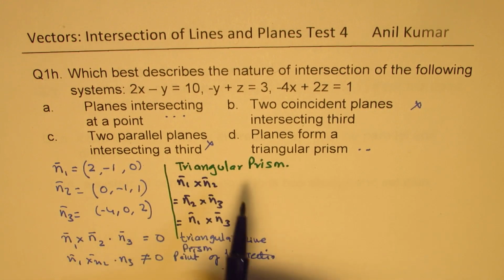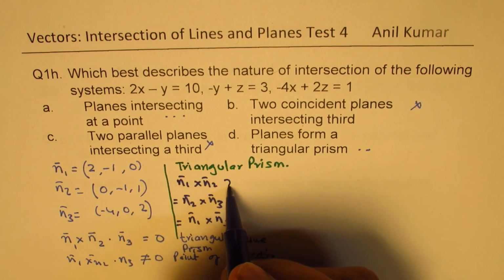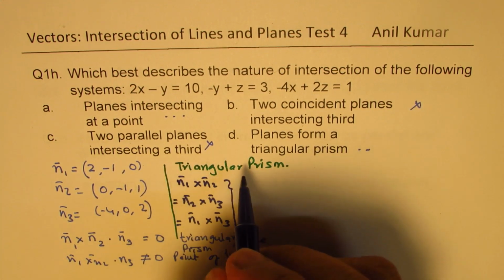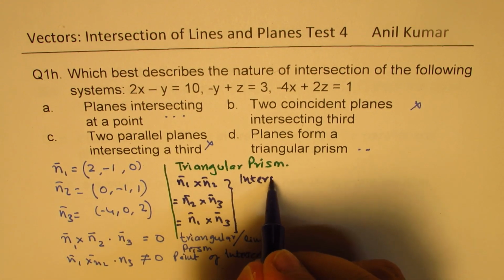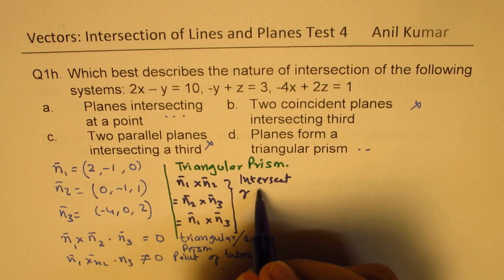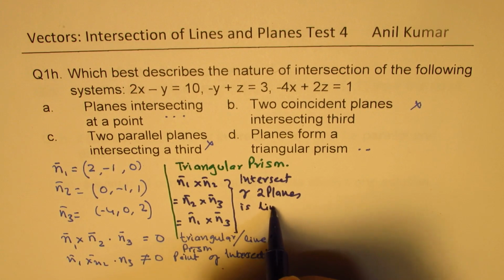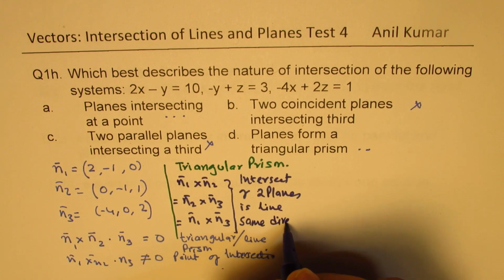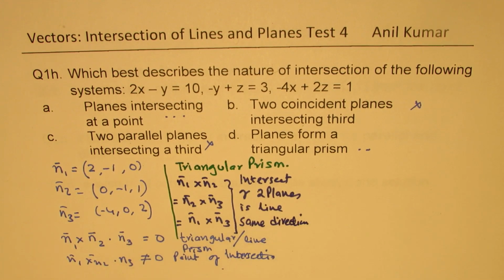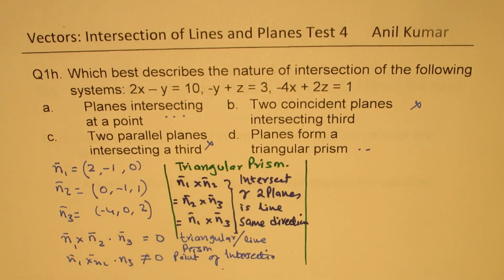What we'll notice here is if the direction is same, the cross product will give you the direction of the line. That basically means they intersect in lines, so same direction. Is that clear to you? So that is another way, and this way will tell you whether it is a triangular prism or not.